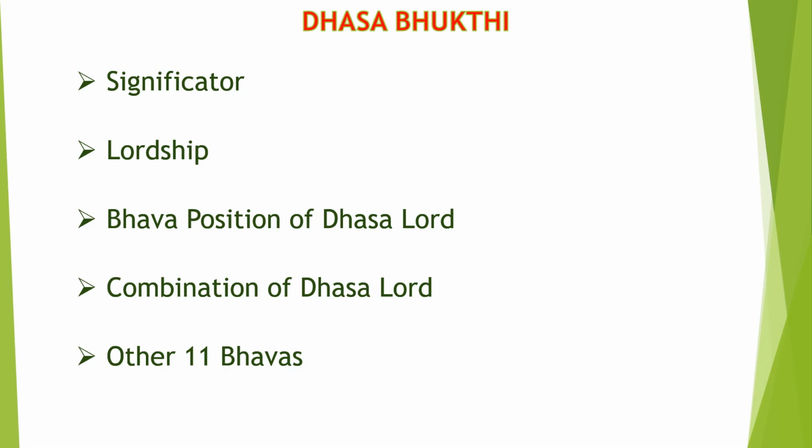And next is the position of the Dasa Lord. Here the bhava position also should be included, because the significator and lordship benefits will be passed to the native through the bhava in which the Dasa Lord is present. For example, if the Dasa Lord is in the Lagna itself, this person will directly get all the wealth and properties from the father.